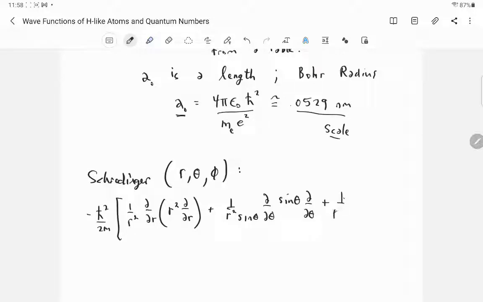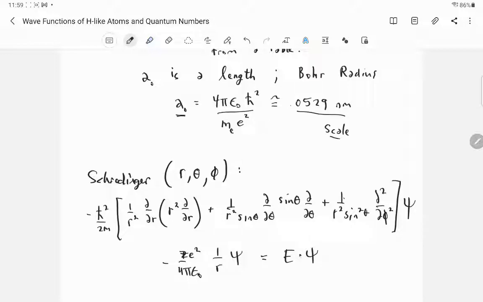It's 1 over r squared sine squared of theta, and then d squared by d phi squared. And this operator is meant to operate on psi. But don't forget that you have to subtract off z e squared over 4 pi epsilon naught, 1 over r times the wave function psi, and it's equal to the energy times psi, right?